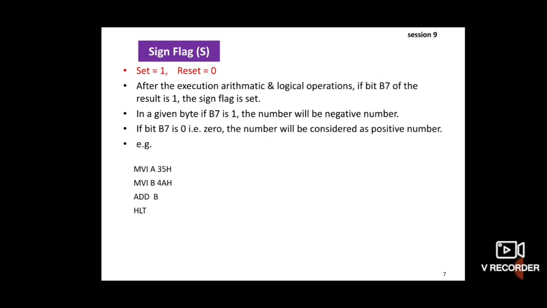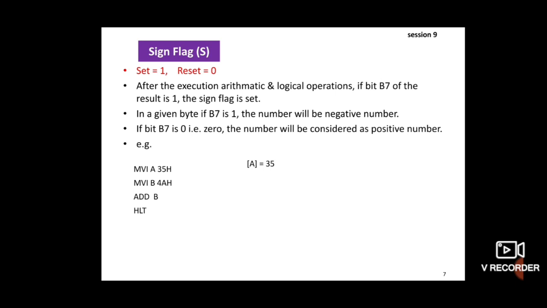MVI B 4AH means move immediate the data 4A into register B. A and B are general purpose registers. And next is ADD B. ADD B means addition of the accumulator with register B and the result is stored in the accumulator. And HLT means stop the operation.